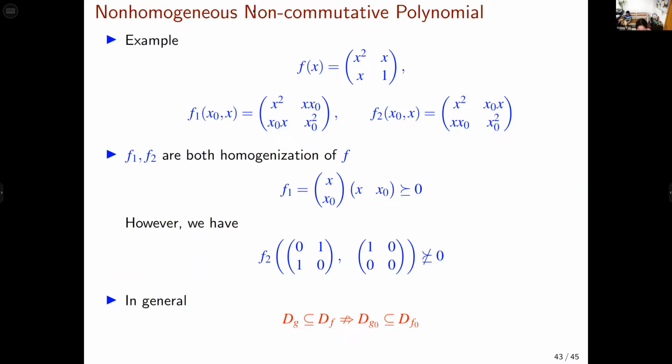So the property that the positivity domain of J is included in the positivity domain of F doesn't imply the homogenization case in general. So we still don't know how to extend the S-Lemma for the matrix-valued polynomial case to the general case. So that's all. Thank you.